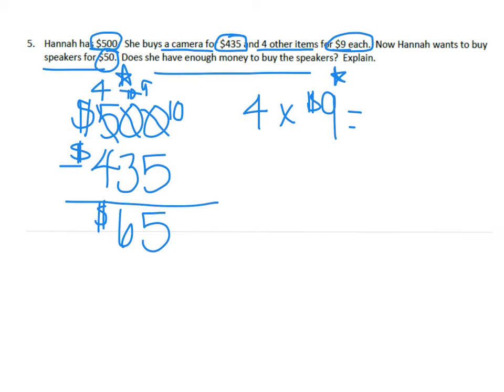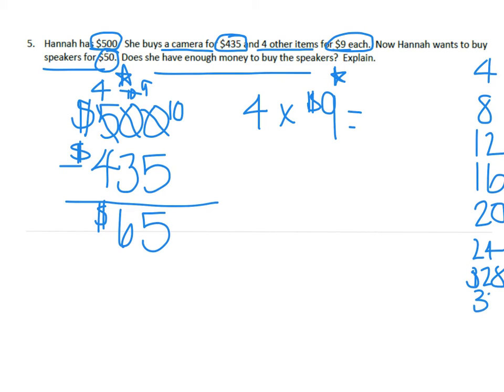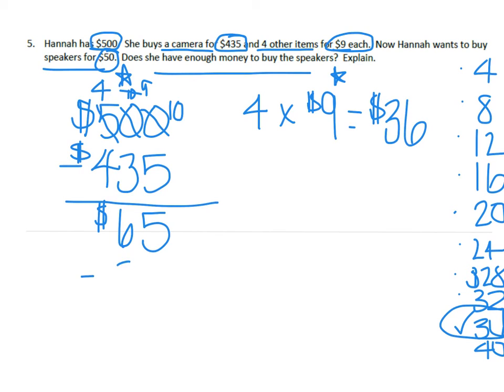I think there was a song that went with it. 4, 8, 12, 16, and 20, 24, 28, 32, 36, and 40. So, if I count 9 times, 1, 2, 3, 4, 5, 6, 7, 8, 9, I get 36. So those items that she bought were $36.